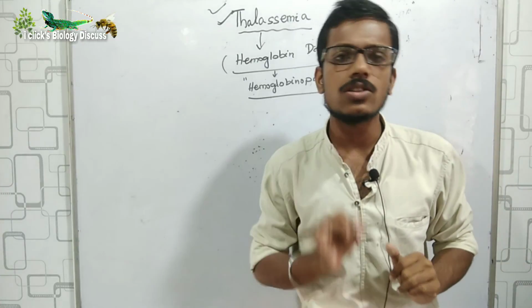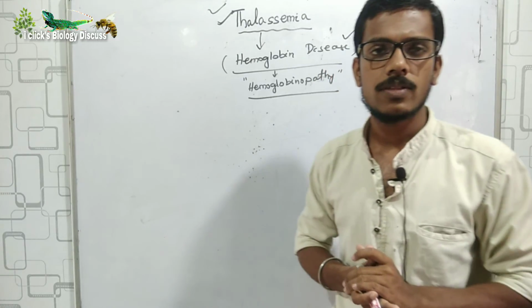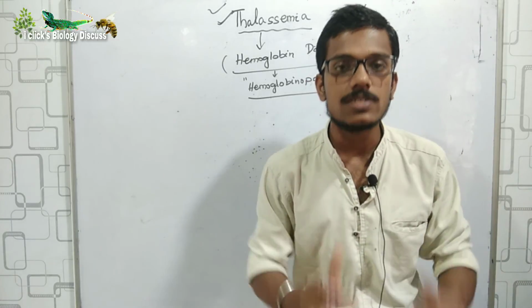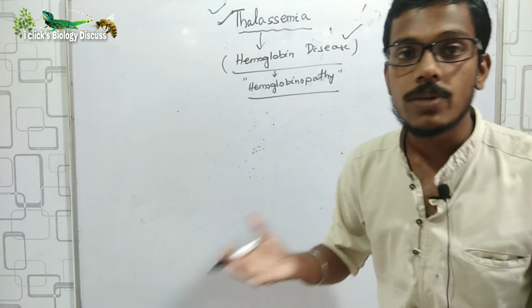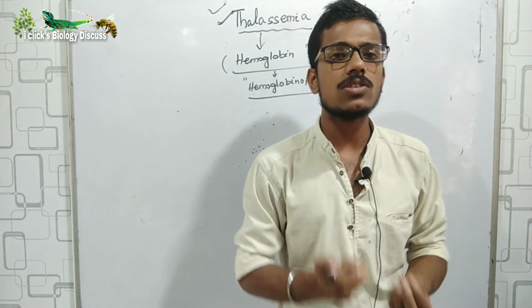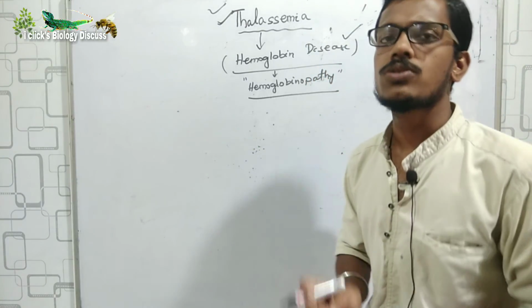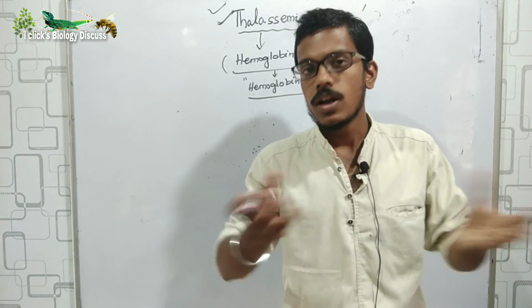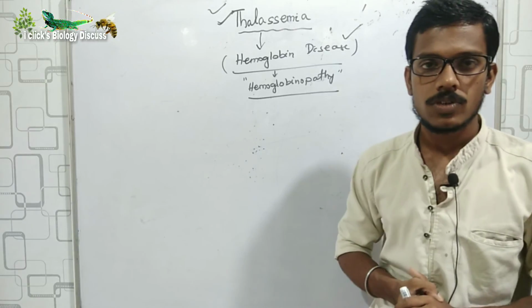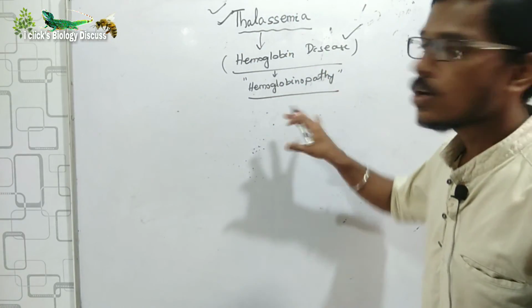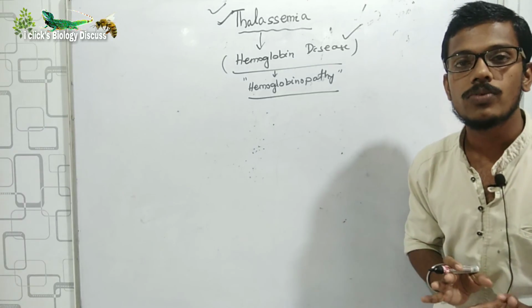If there is any disorder in the hemoglobin, there will be a decrease in the oxygen supply to every body part. Then it will lead to weakness. So thalassemia is a hemoglobin disease, a hemoglobinopathy.